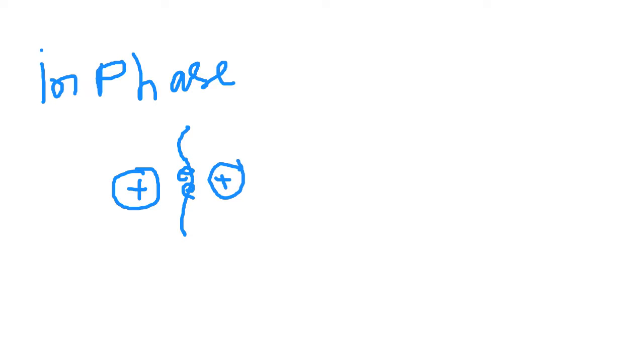Here's some electron for this atom, and here's for this atom. So we have an electron for this atom and an electron for this atom. They can make a bond.